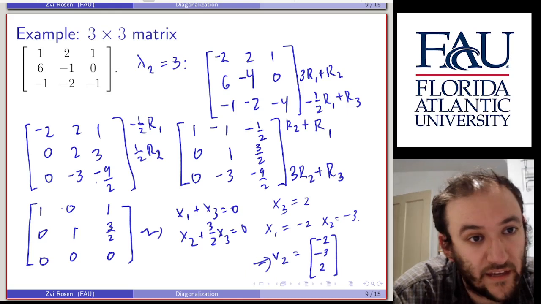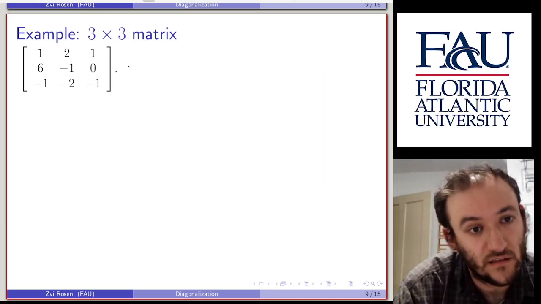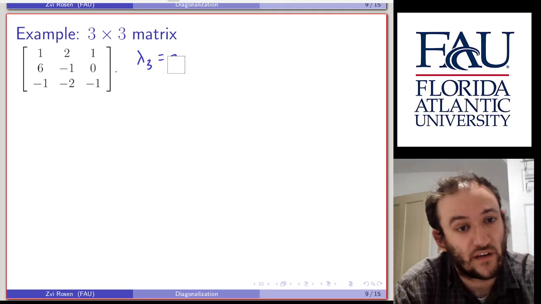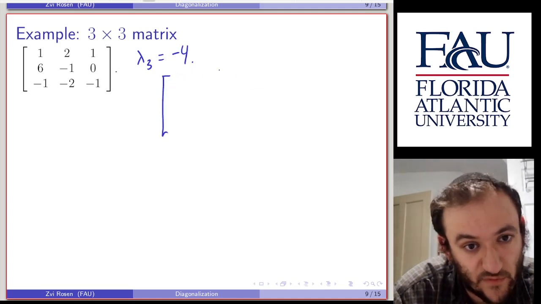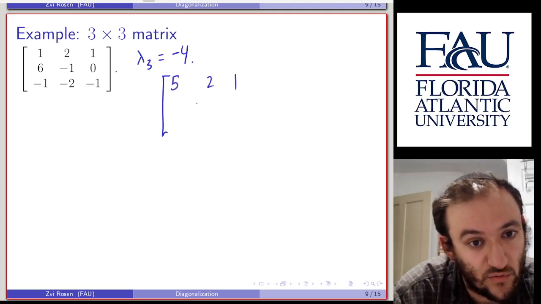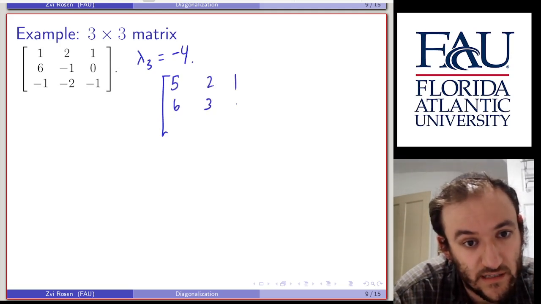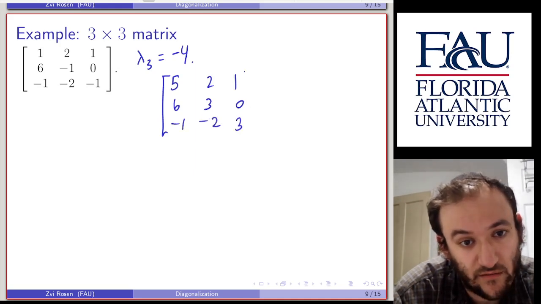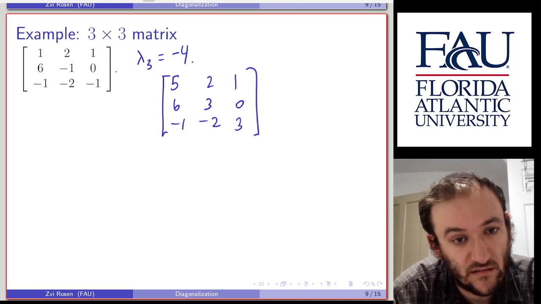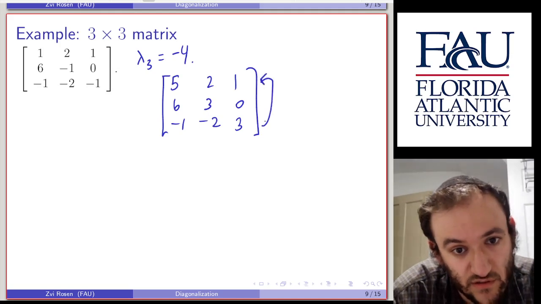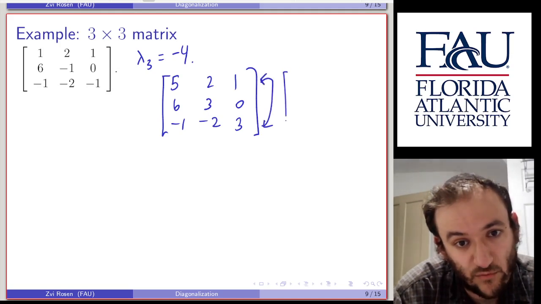Okay, and finally, lambda 3 equals 0, sorry, lambda 3 equals minus 4, I believe, and plugging that in, we have A minus lambda I is minus 3, 2, sorry, it should be plus 4, so it'll be 5, 2, 1, 6, 3, 0, and minus 1, minus 2, 3.